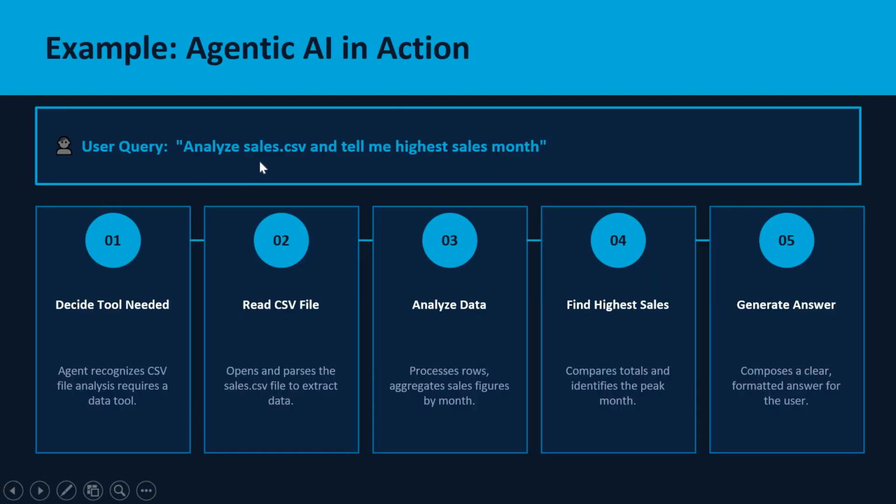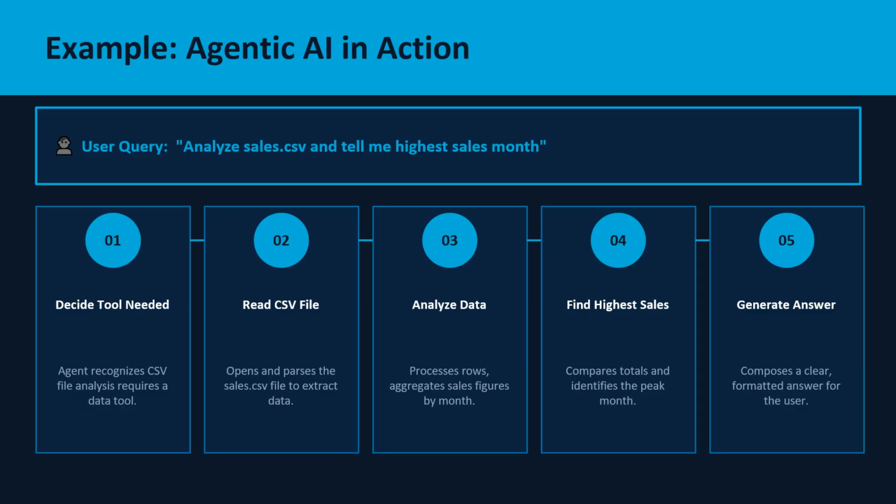So the user query is, suppose I want to analyze a sales CSV and tell me the highest sales month. Here we are going to perform some kind of automation, where we have some sales data. On the sales data we are going to analyze it and perform some operation on it, and I may send this data to my manager as well. So I want to generate an automated report also.